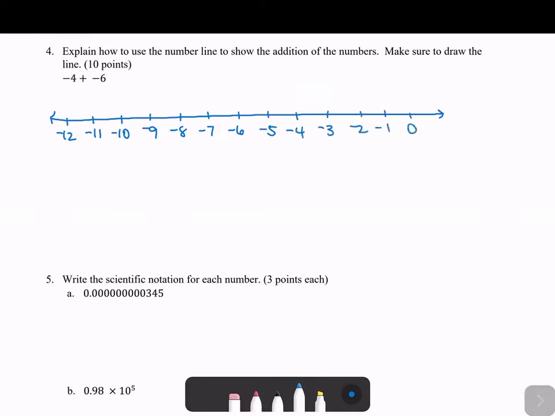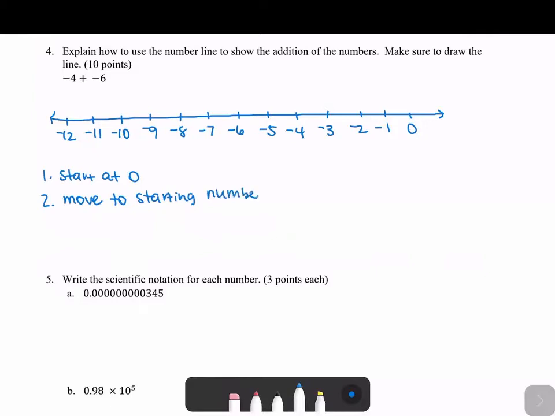Okay, so remember, when we use a number line to add or subtract integers, we start at 0. And then we move to the starting number, so whatever number is first in our operation.